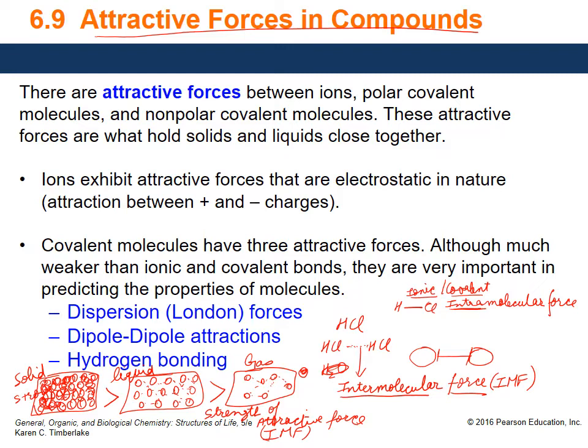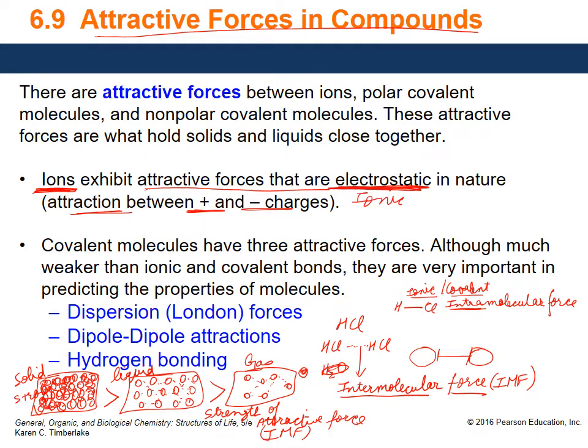So now when we talk about two different types of compounds we have seen, one is ionic compound, which is composed of ions. Ions basically exhibit attractive force that is electrostatic in nature, which basically is a force of attraction between positively charged and negatively charged atoms or molecules. This is called ionic bond, right?